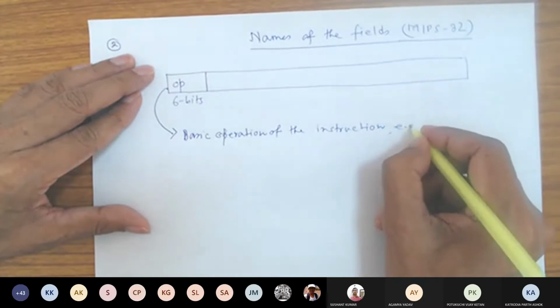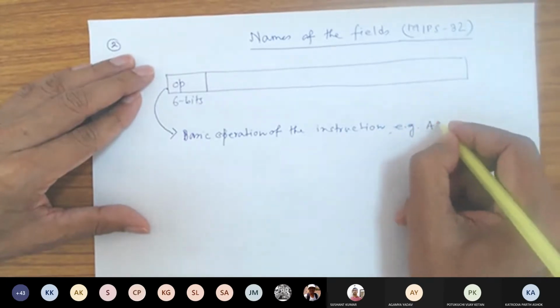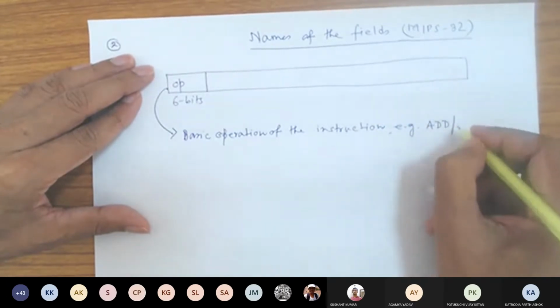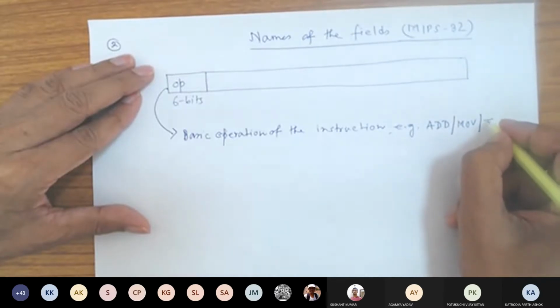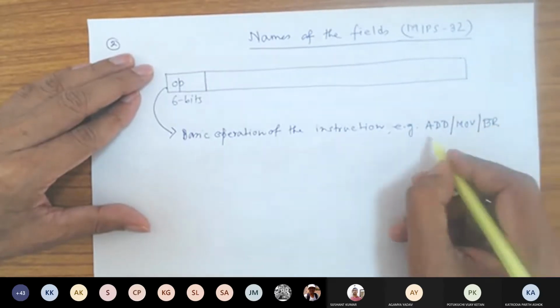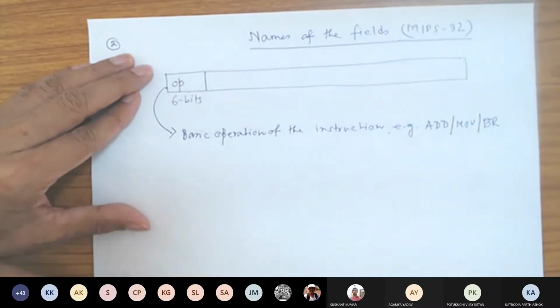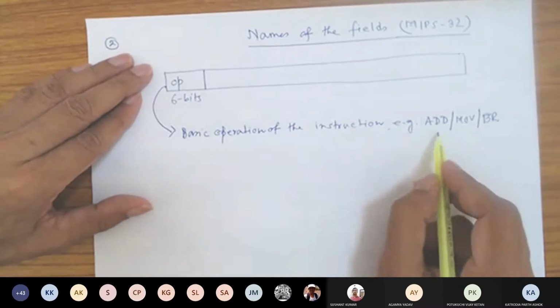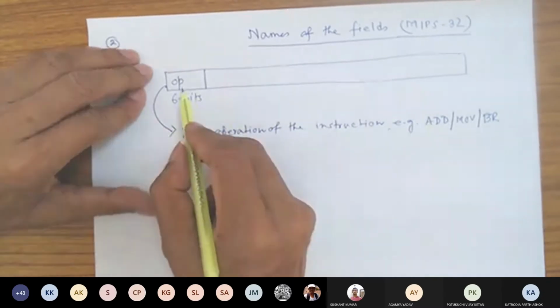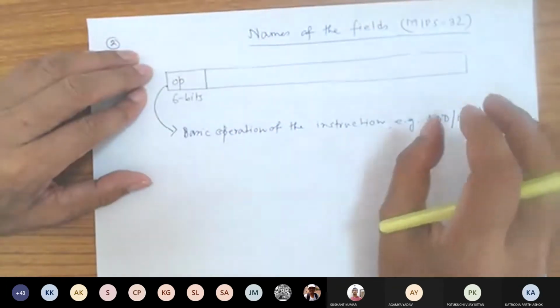Examples like add, move, jump or branch. These names are encoded using these 6 bits. They're called opcode. So this field denotes the operation and format of an instruction. Depending on this field, the remaining fields are defined accordingly.